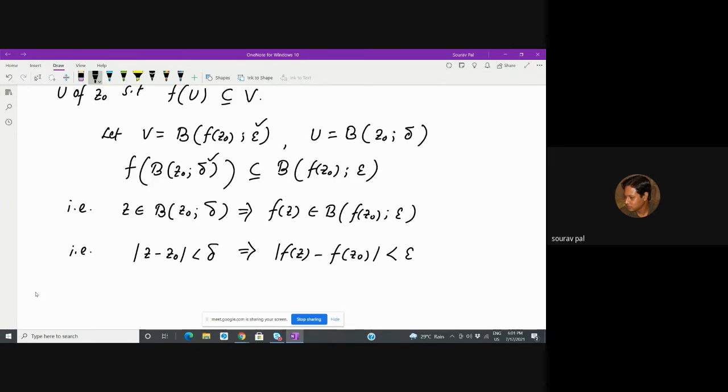So in other words, for every epsilon positive, there exists delta positive such that |f(z) - f(z0)| < epsilon whenever |z - z0| < delta.